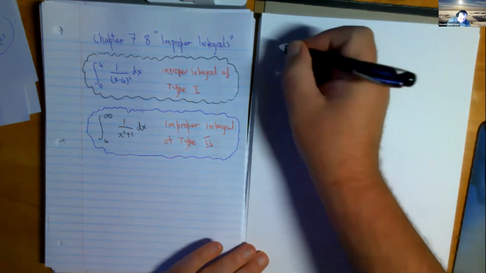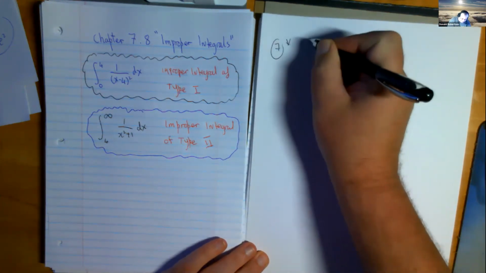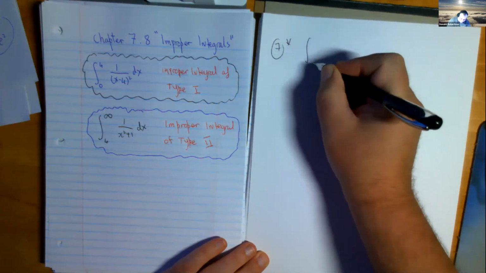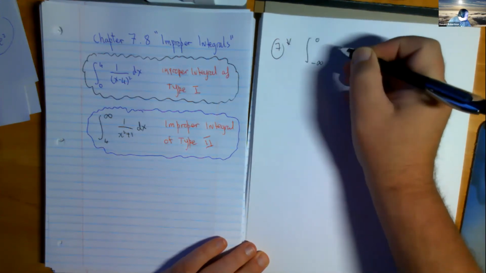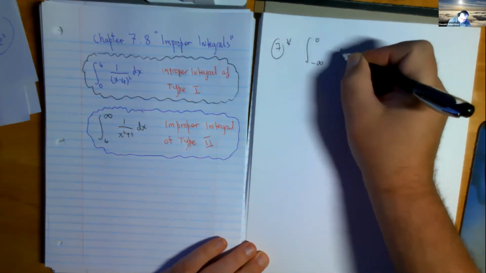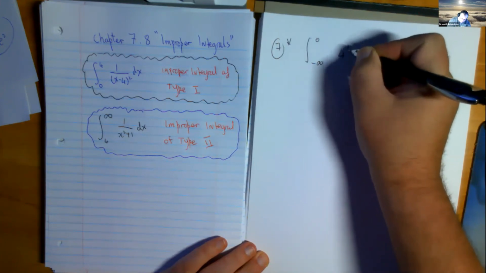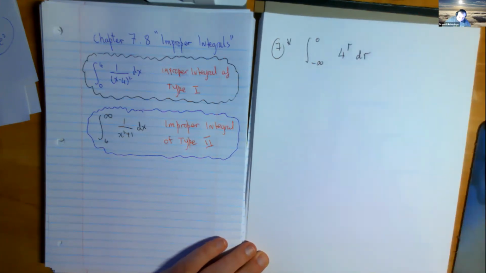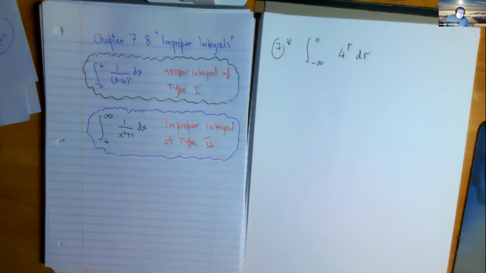Not doing this one, just going to give you a heads up on it. It's got a couple of things that make it a little bit awkward. First thing is, do you notice the variables are not x?